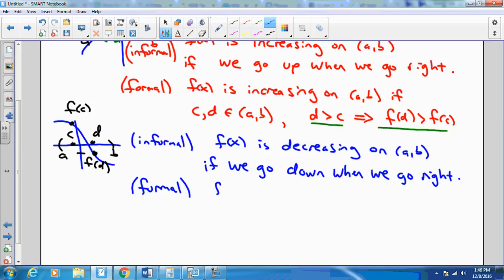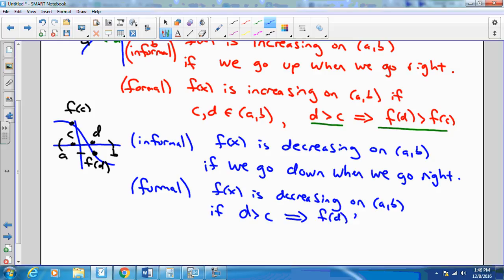And so we say formally that f of x is decreasing on a to b if, when d is bigger than c again, then f of d is now less than f of c.